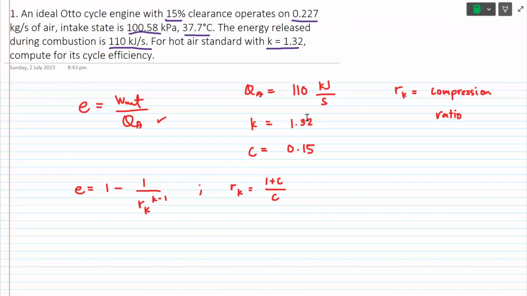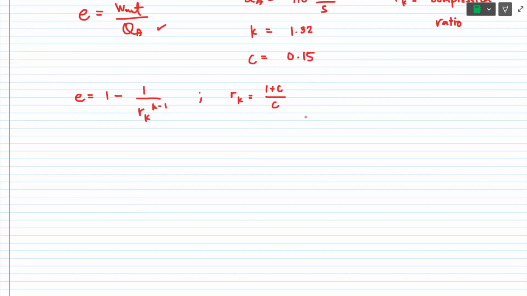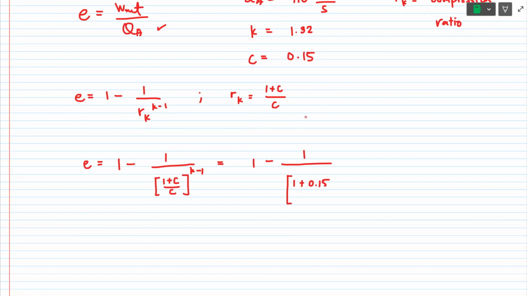So, I can now have the efficiency of the cycle. So, 1 minus 1 over, I replace rk with 1 plus c over c raised to k minus 1. So, 1 minus 1 over rk, which is 1 plus 0.15 over 0.15 since the clearance is 15%, raised to, our k is hot air standard, 1.32 minus 1.